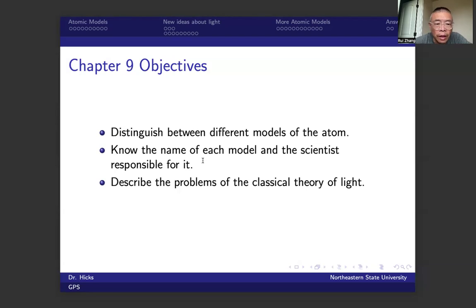So I will mostly follow this historic approach to learn step by step. The classical theory of light also has some problems, and those problems caused them to modify the model one more step, just another step for building up the correct model of the atom.